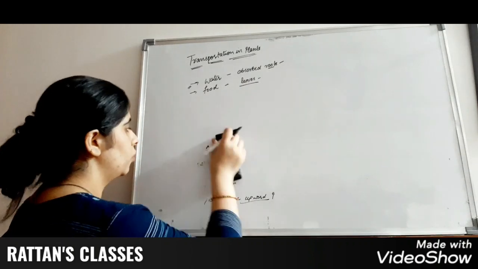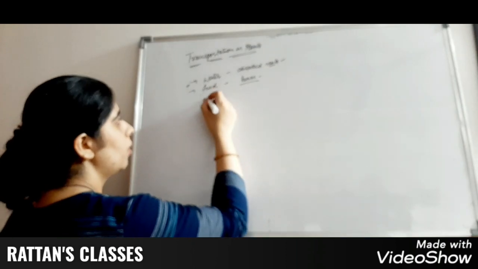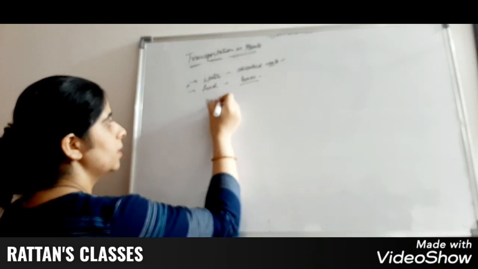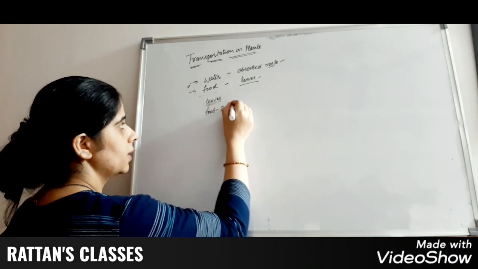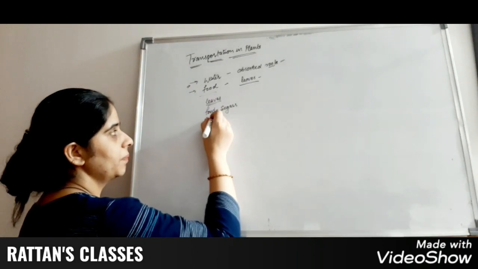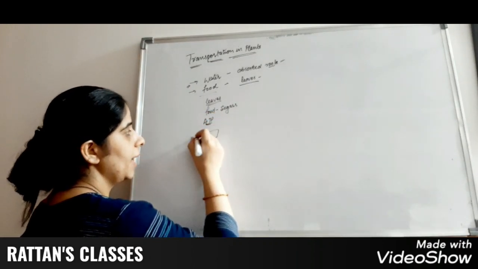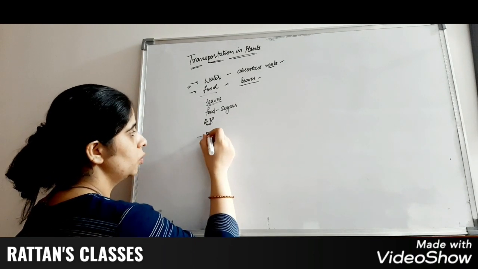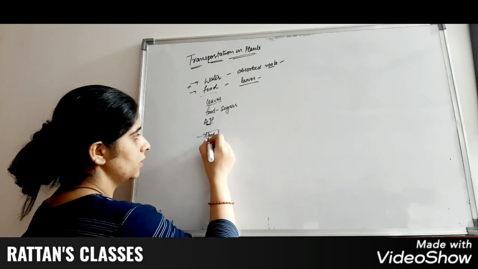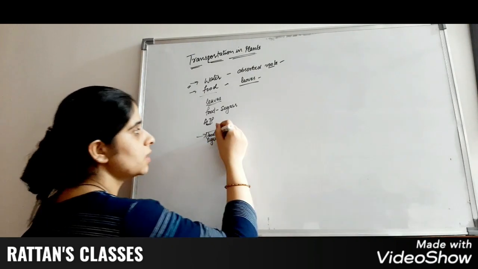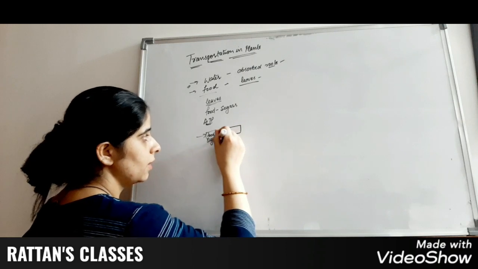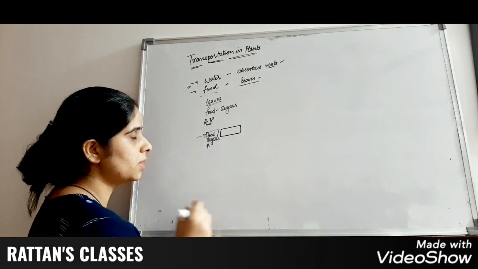Now let's talk about food. Food is formed in the leaves. Basically the food is sugars. In the transportation of food, we require ATP. ATP will send the food, that is sugars, to the phloem cell. This phloem cell will have high concentration of sugars.